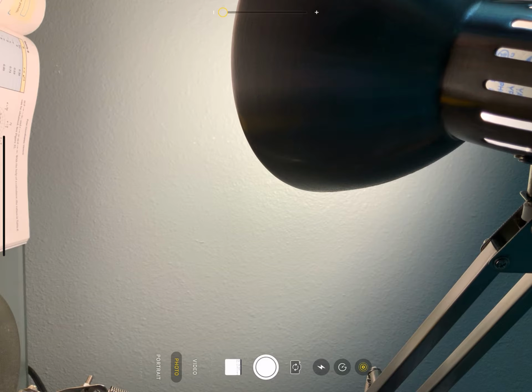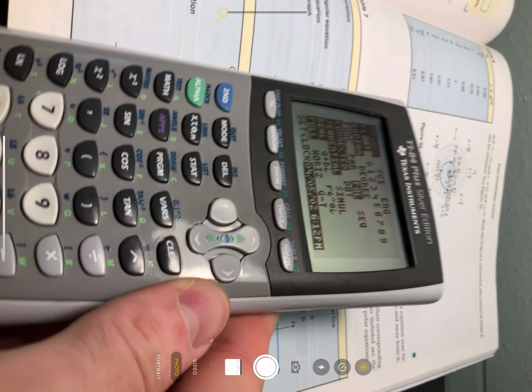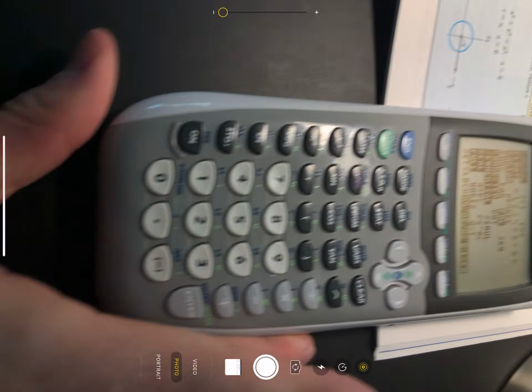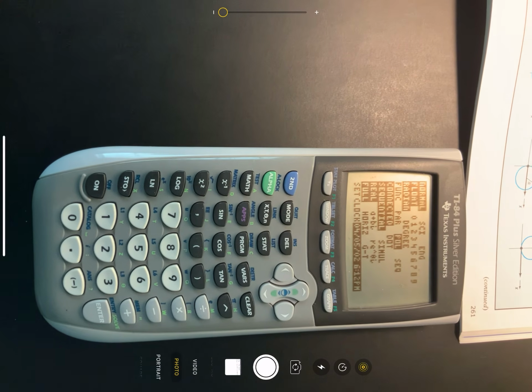Okay, and let's try to graph. Oh goodness, this is not good. All right, so maybe I'll try it like this.